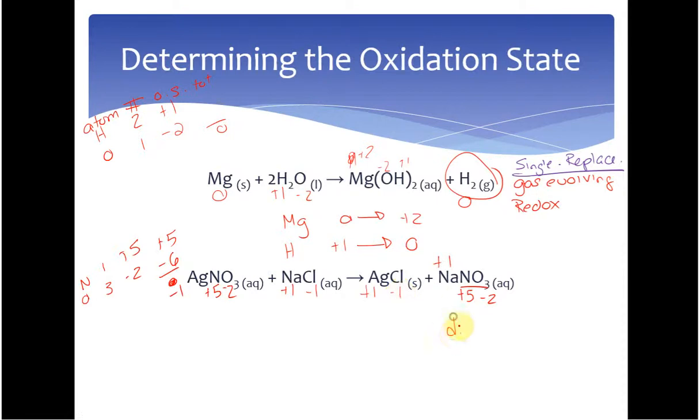So this is a double replacement reaction that is not an acid-base, it's not a gas evolving, and there's no change in redox numbers. Silver's plus 1, sodium's plus 1, nitrogen's plus 5 on both sides, and oxygen's minus 2. The only thing is that this is a precipitation reaction.